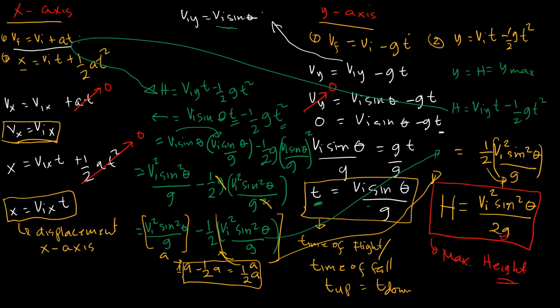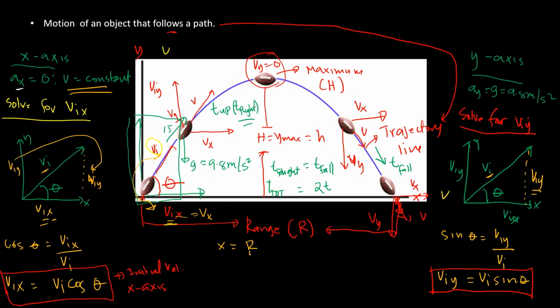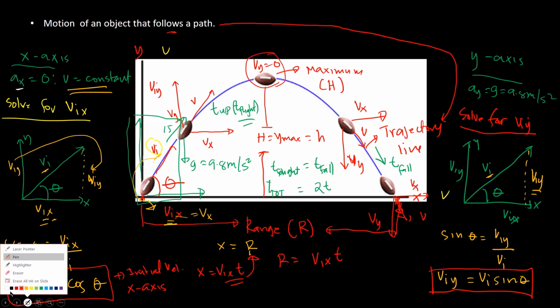Okay, now moving on, since we said here that x is equal to r, that means that x is equal to v sub ix times t. This means that we can also use this equation in solving for range, or just r, range is equal to v sub ix times t. But the difference is that for range we will be using the total time, since we're focusing more on the entire trip of this projectile object.